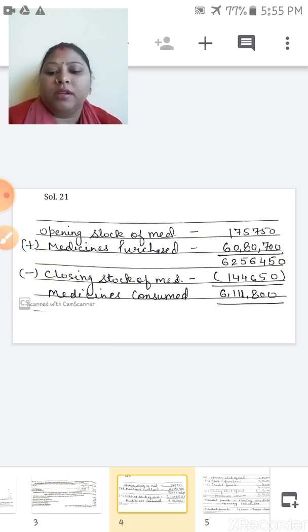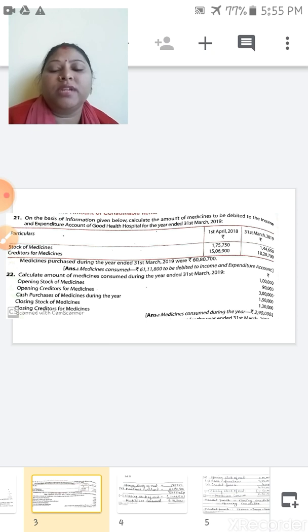Okay. Now look at the next question, question number 22. In this again you have to calculate the amount of medicine. Opening stock is given, closing stock is given, opening creditor for medicine is given, closing creditor for medicine is given, and cash purchases of medicine is given.